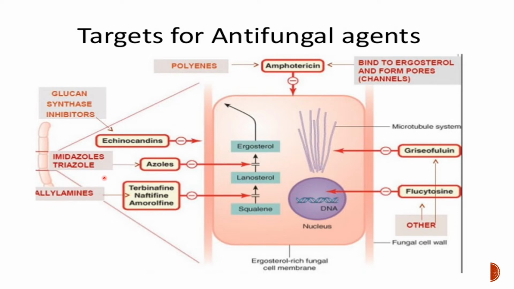They act on the lanosterol and the squalene pathway in order to halt or disrupt the production of ergosterol of fungi and weaken the cell membrane. We have, on the other hand, glucan synthase inhibitors such as echinocandins.